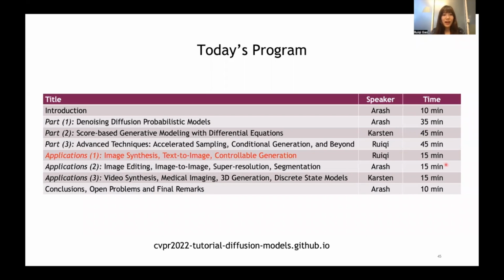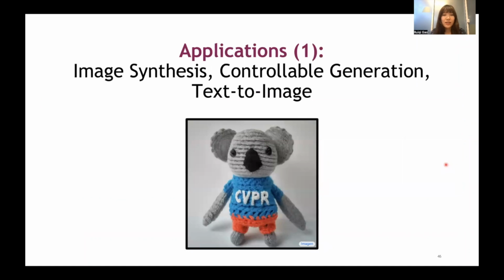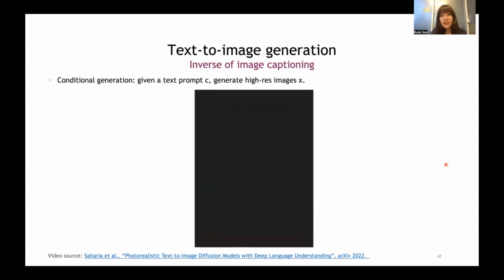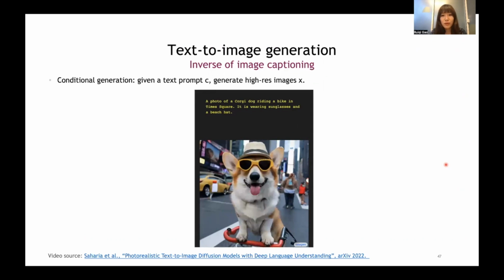Hi, everyone. Welcome to the first section on applications of diffusion models. In this section, we're going to study applications of diffusion models in terms of image synthesis, controllable generation, as well as text-to-image generation. So let's start from text-to-image generation. In the past 2 years, this task has been shown to be extremely suitable for diffusion models.